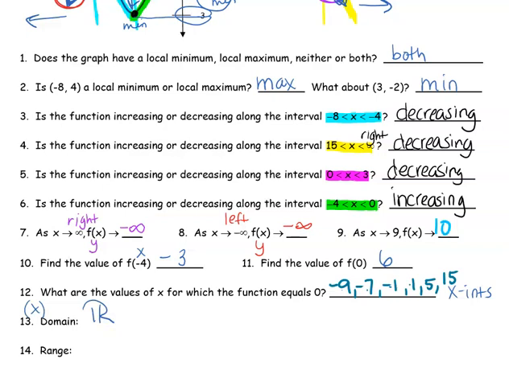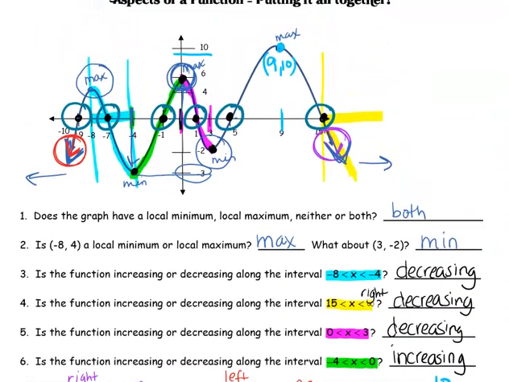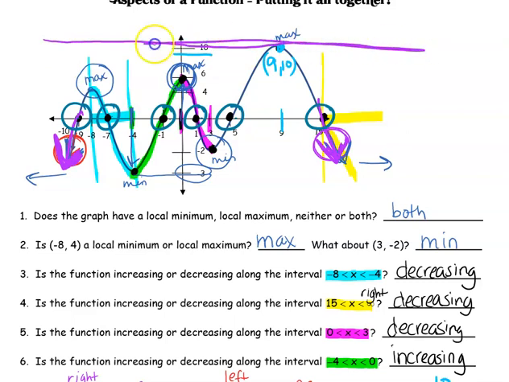Now my range, which is in terms of y, that's my movement up and down. So as I follow my movement up and down, I see this arrow is pointing down, this arrow is pointing down. There's no arrow pointing up. So as I'm going up and down my graph, I realize that this is the highest my function gets.